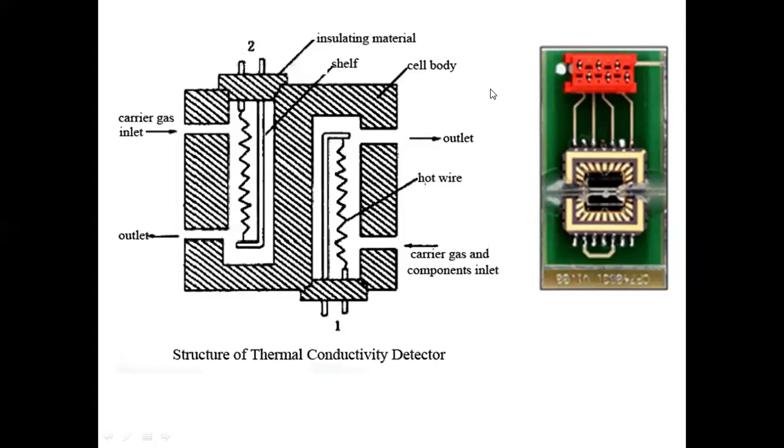Not only that, the carrier gas is also carrying the solute molecule. When the solute molecule along with the carrier gas enters the hot body, the hot body is going to lose some more amount of heat. As a result, there is a variation, a drift in the thermal conductivity. That variation, or the difference in the thermal conductivity between the solute and the carrier gas, is measured in these thermal conductivity detectors. Okay. Are you able to understand?